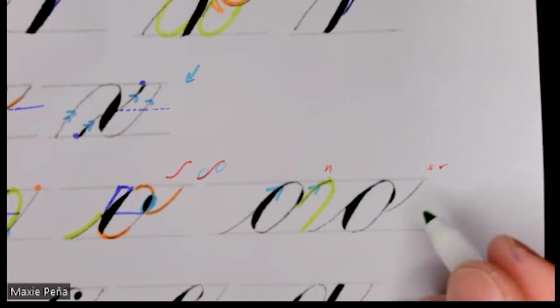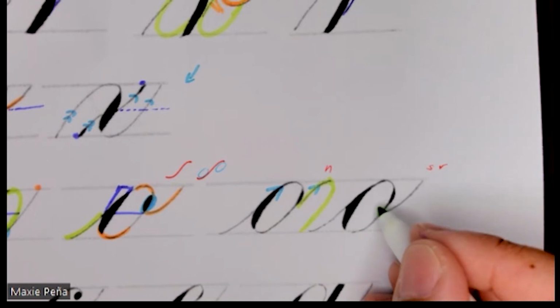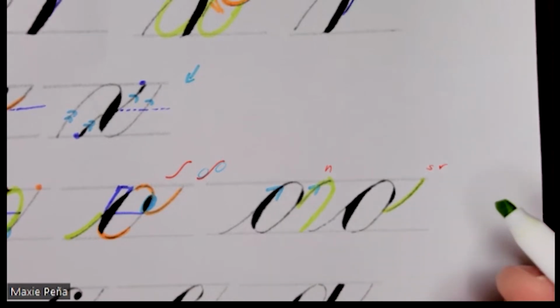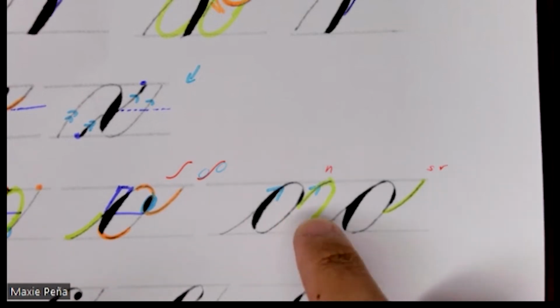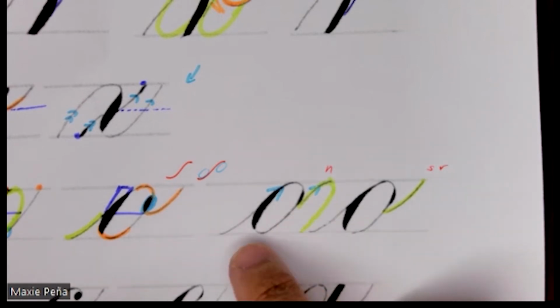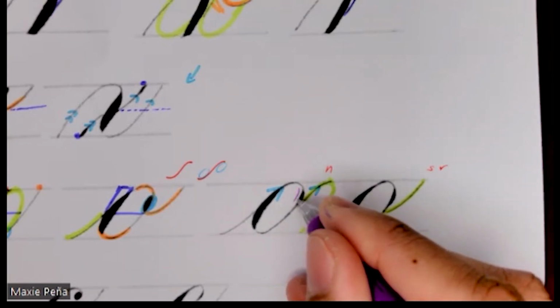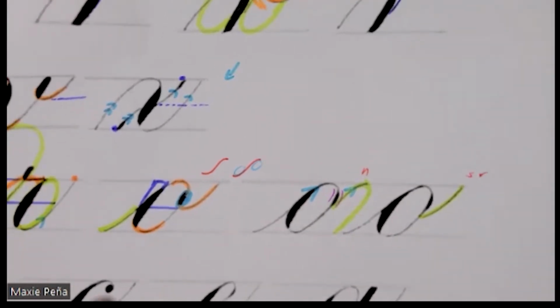This time you're just exiting with less than half of an oval, but it is still an arc. As for the accent shade that you see here, you could add that after you've completed the oval. Just be careful that when you do it, make sure that the inside curve and the outside curve are both smooth.